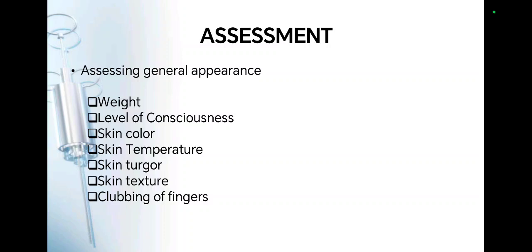Then we have your skin texture. And last but not the least is the clubbing of fingers. Your hands and the nails, more likely, will tell that there is a poor blood circulation.